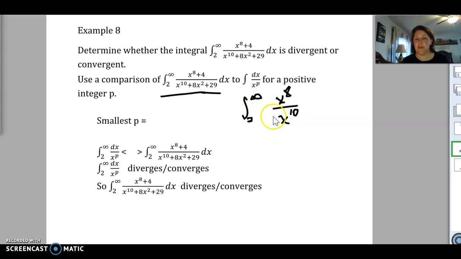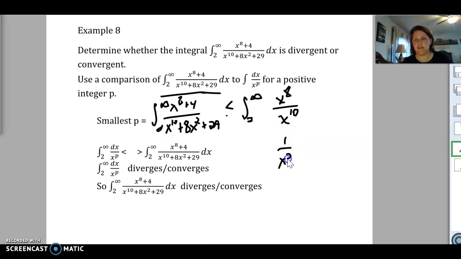So this new equation is always going to be greater than our original one, from 2 to infinity of x to the 8th plus 4 over x to the 10th plus 8x squared plus 29. And we can simplify the new one to 1 over x squared.